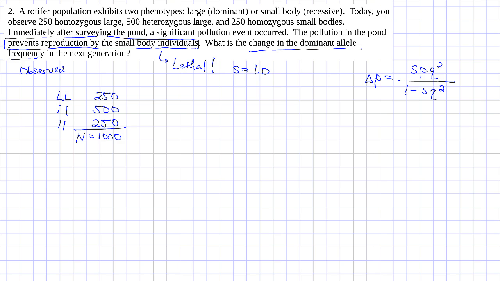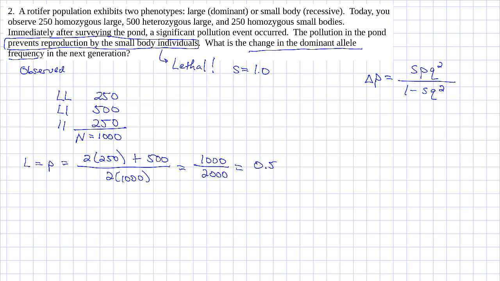With this information, I can calculate our allele frequency. Big L is equal to P. That's 2 times the number of homozygous dominant individuals plus the number of heterozygotes divided by 2 times our population size. This gives me 1,000 divided by 2,000, or an allele frequency of 0.5.